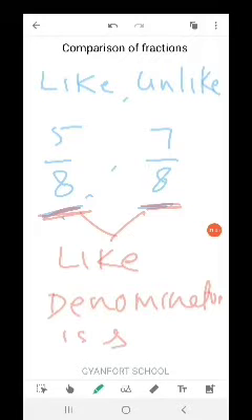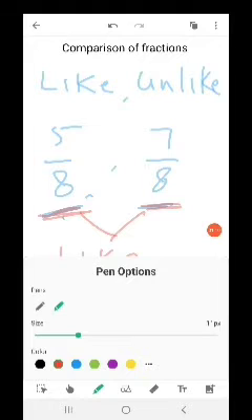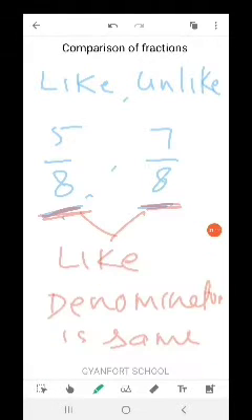Okay, so now let's see, if one fraction is 5/8, and the other is let's say 7/18. In this case, is the denominator the same? No, these are not same.